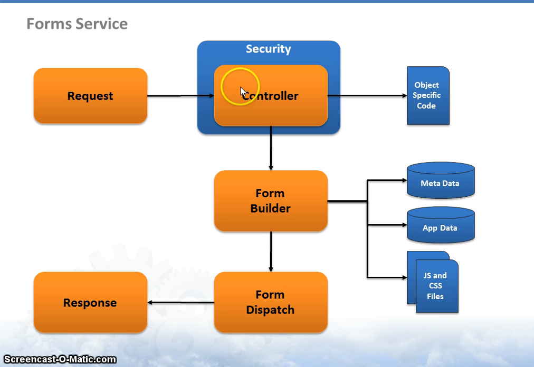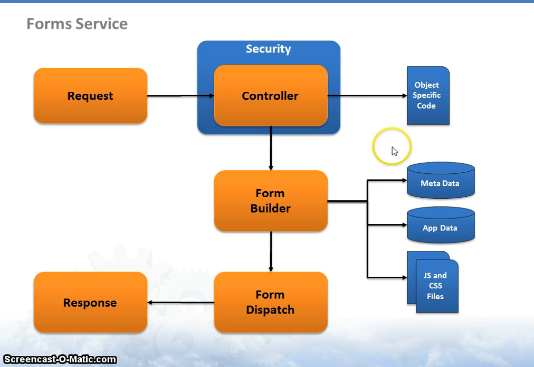The form service: the request is sent to the controller from the user, which in turn takes the form builder, which has a metadata, and the metadata is taken back while building the form, and applicable application data is embedded inside along with the JS and the CSS files, and is provided to the user.